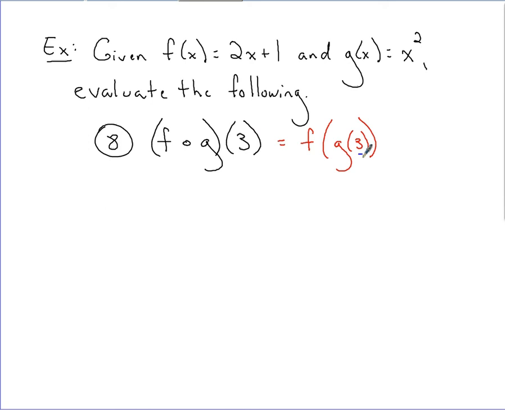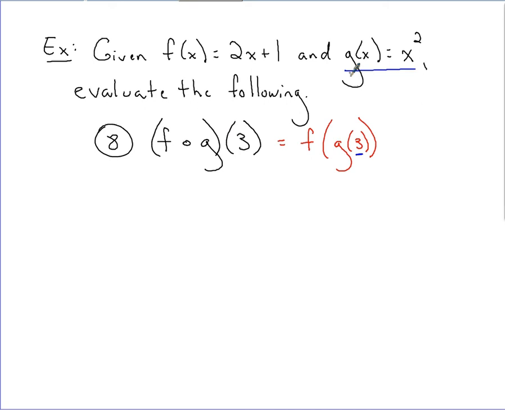Start with the number. I'm taking this 3, which follows g here, meaning I'm supposed to take 3 and plug into the g function as it's defined. So g function up here as it's defined, g of x equals x squared.